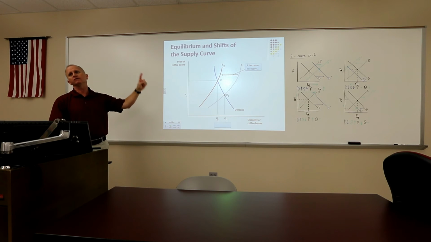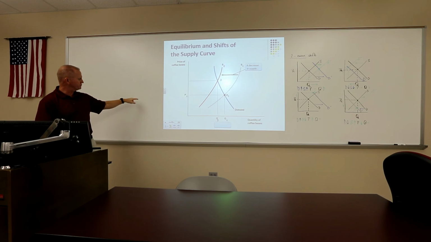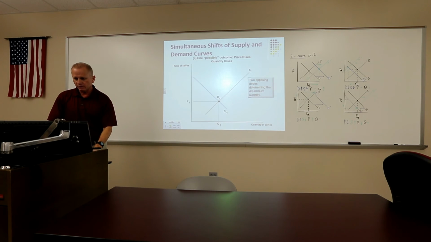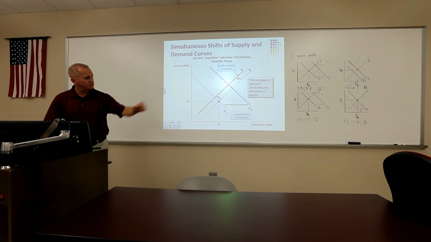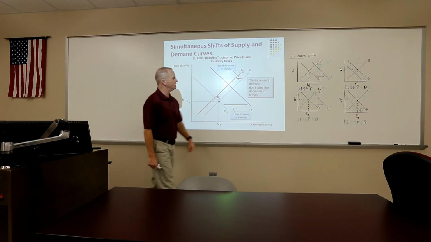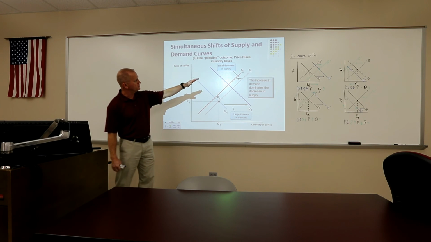This one was a one curve shift that we had the other day, where the supply curve shifted back to the left. I believe it was the one at the bottom right, the one I drew that day. And this was the third one here: a large increase in demand, a small decrease in supply.